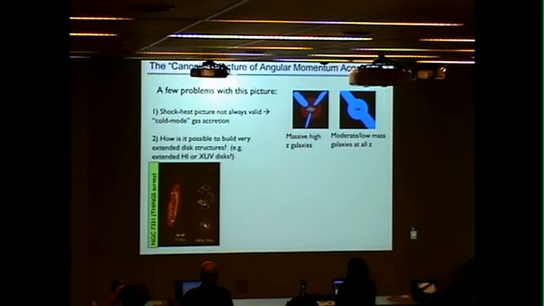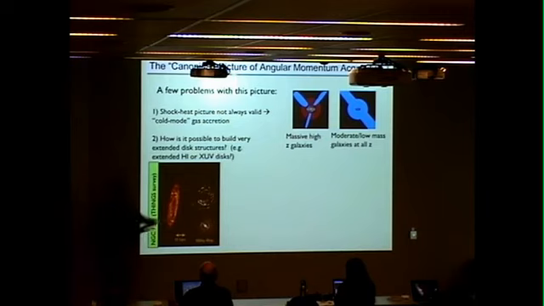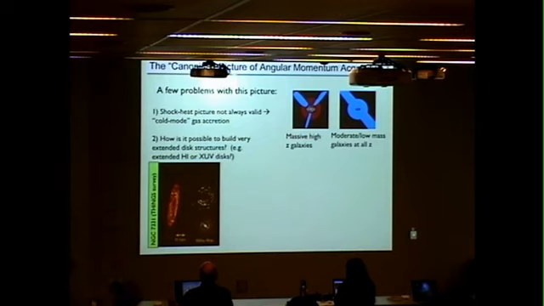A couple more cuts from the theory side. Observationally, there have been observations of more extended disk-like structures. For example, from the THINGS survey here, you have a galaxy in HI. If you look at the size of the Milky Way versus the size of these, they are huge disks requiring much more angular momentum.